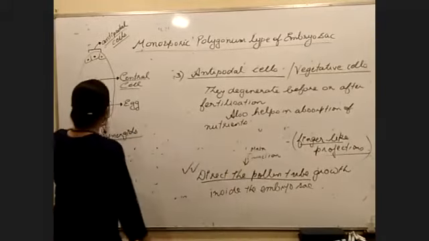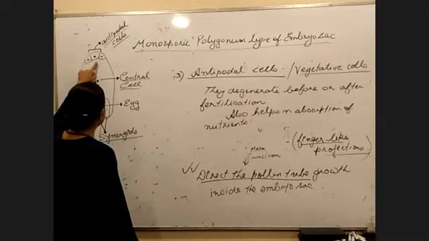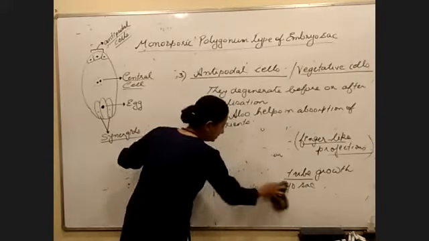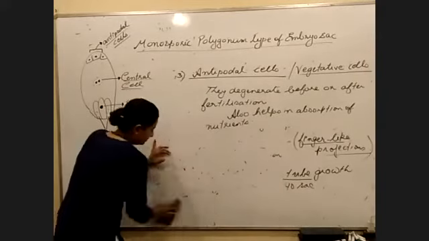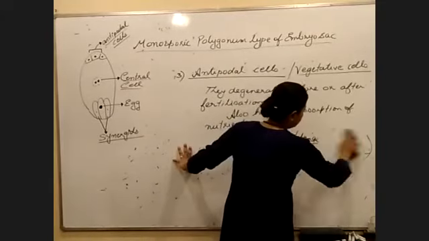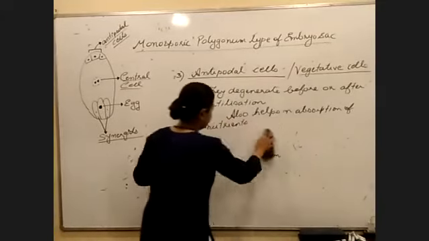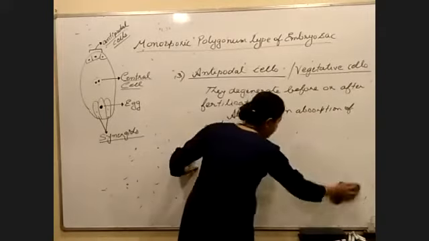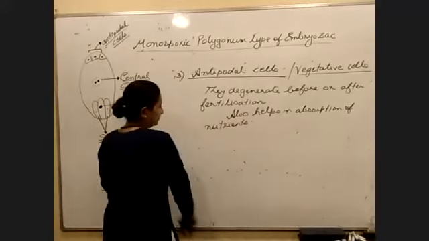So we have talked about the egg apparatus, and we have talked about the antipodal cells. What we are left with is the central cell. So, heading for the central cell.